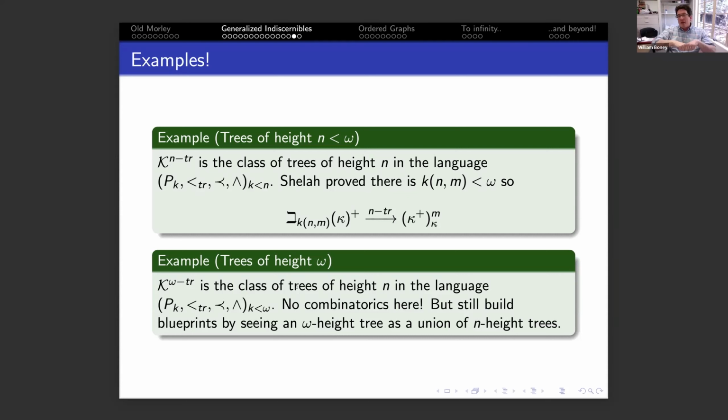As I go through my laborious bookkeeping, I start with a tree of height 1 and interleave my find 1 indiscernibles, then expand the tree to be of height 2, find 2 indiscernibles, expand the tree to height 3, find 3 indiscernibles, and you interleave these two constructions and you build blueprints for trees of height omega.